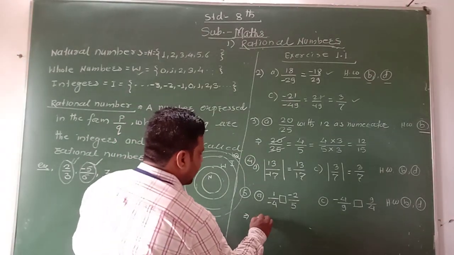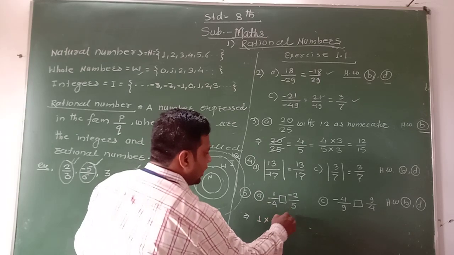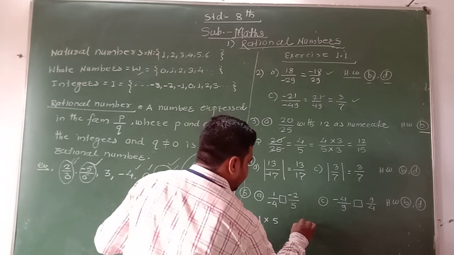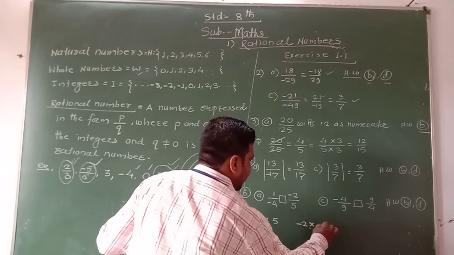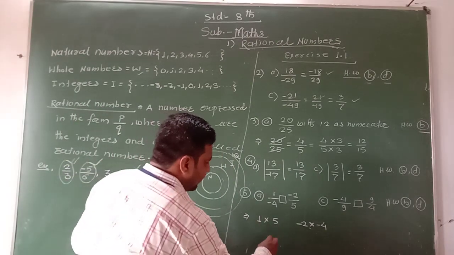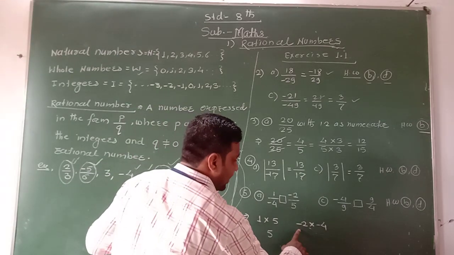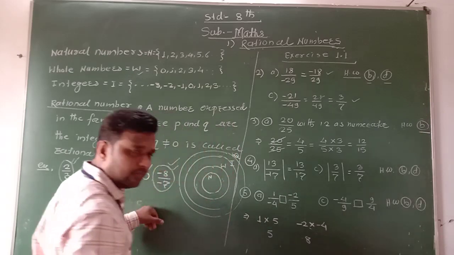Here we have to do the multiplication of the numerator of the first rational number with the denominator of the second rational number, and on the right hand side, the multiplication of the remaining -2 and -4. It is like cross multiplication. Then the multiplication of these two is 1 into 5, that is 5. -2 into -4, that is plus 8.